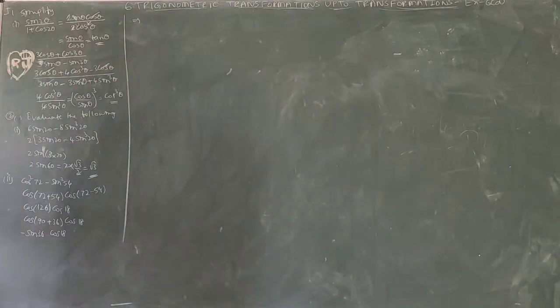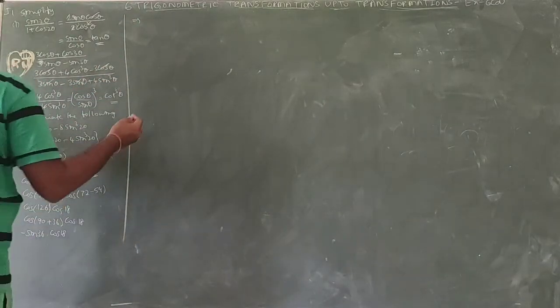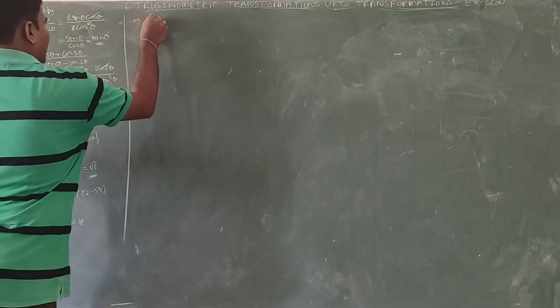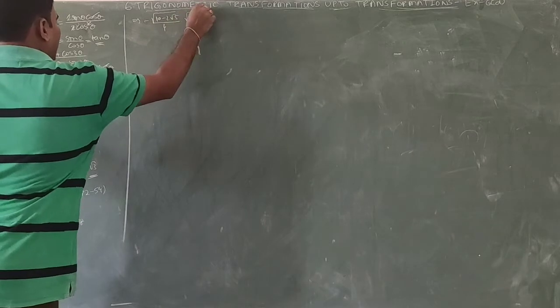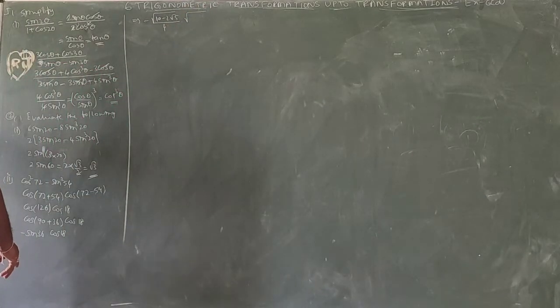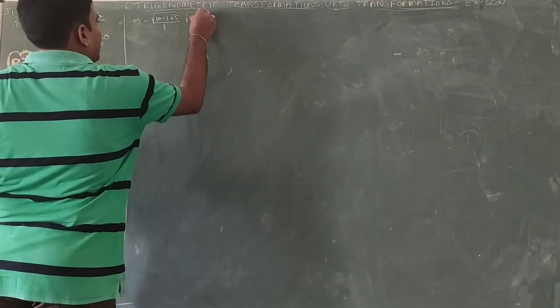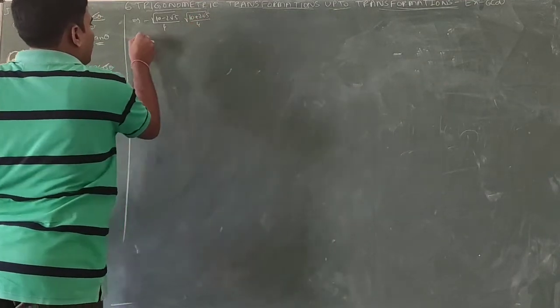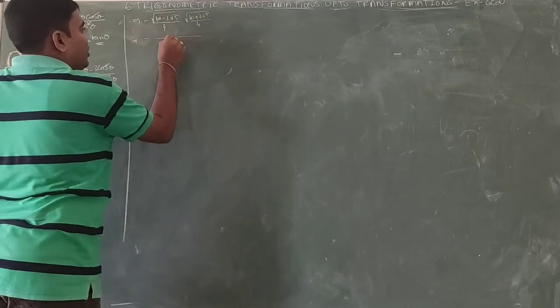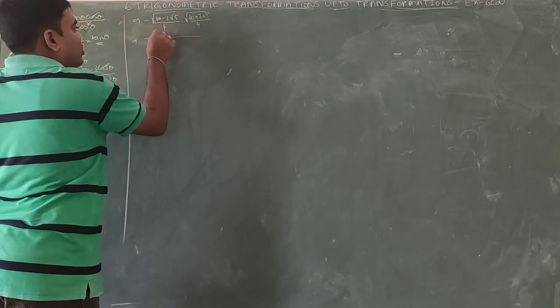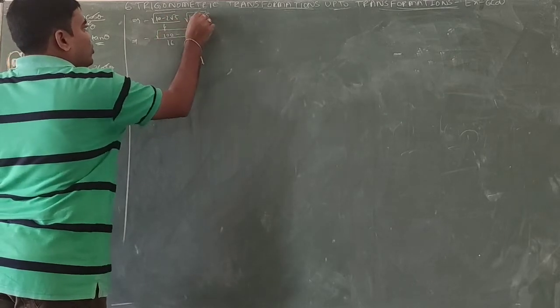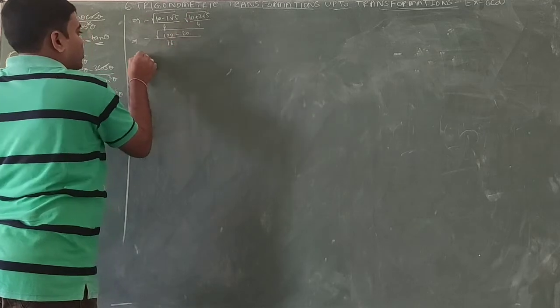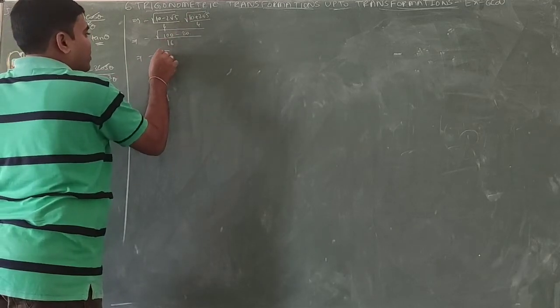Simplification: sin 36 value is square root of 10 minus 2 root 5 by 4, and cos 18 value is square root of 10 plus 2 root 5 by 4. So minus, denominator 4 into 4, 16. Within the root, 10 square 100 minus 2 square 4 into 5, 20, so minus root 80 by 16.